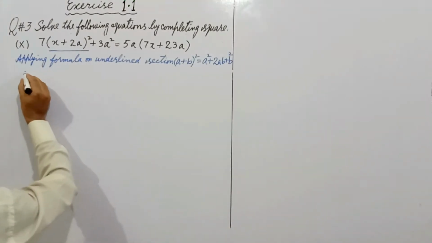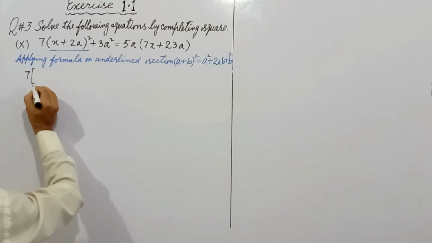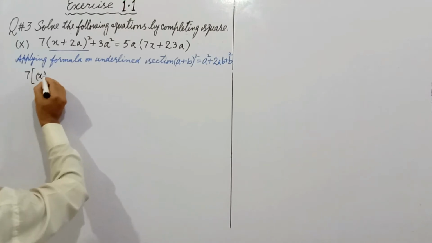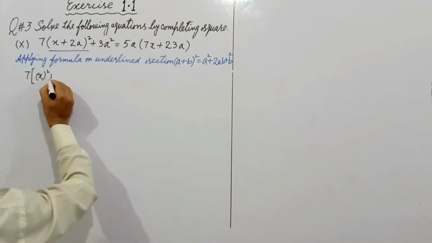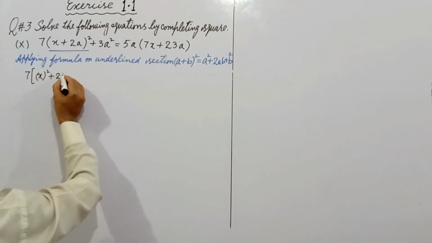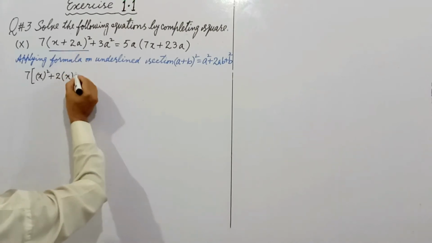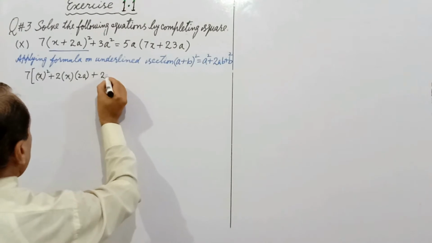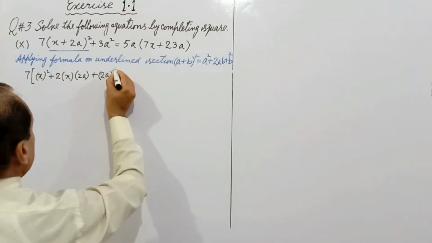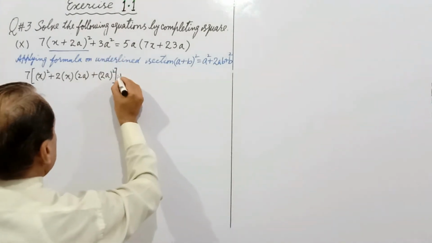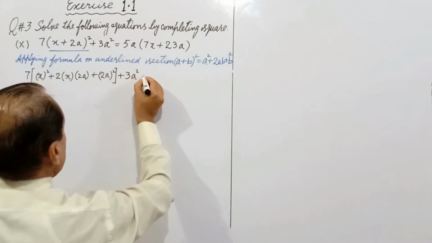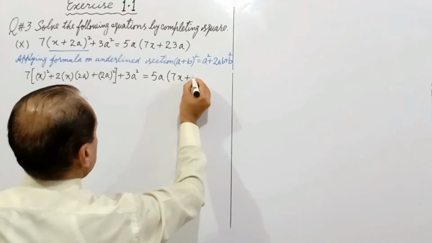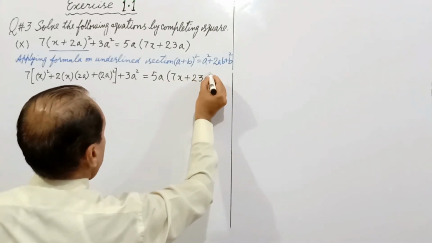According to this formula, we have 7 times the square bracket: the first value square, that is x square, plus 2 times the product, 2 into x into the second value 2a, plus the second value square, that is 2a whole square, plus 3a square is equal to 5a into 7x plus 23a.